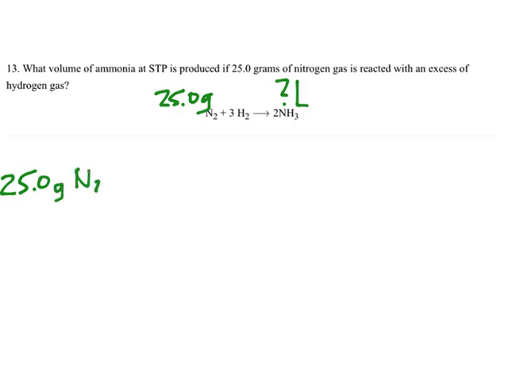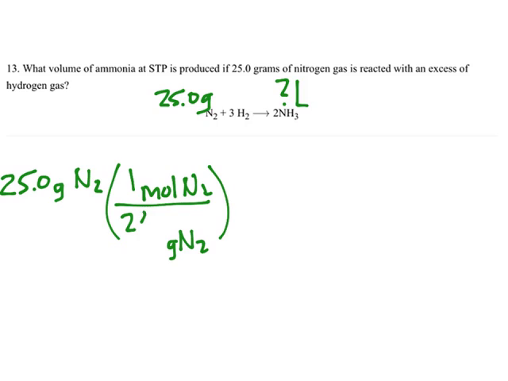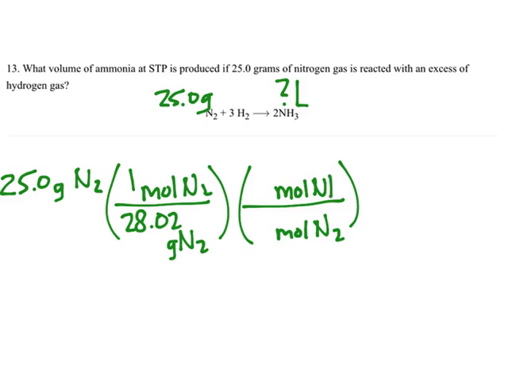25.0 grams of nitrogen. Grams of nitrogen to the bottom, moles of nitrogen up top. 1 mole is 28.02 grams of nitrogen. Mole of nitrogen to mole of the target, which is NH3. It's a 2-to-1 ratio.